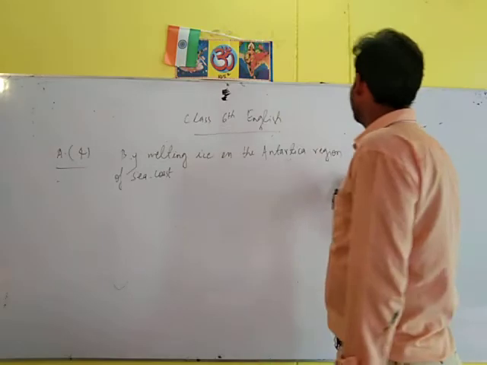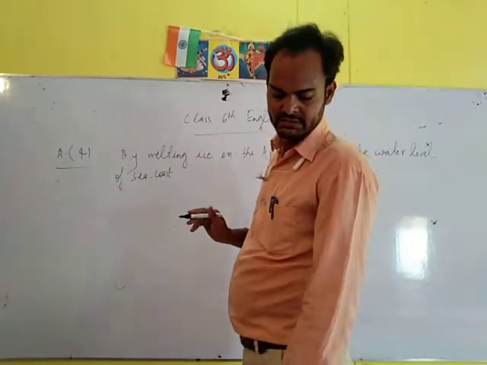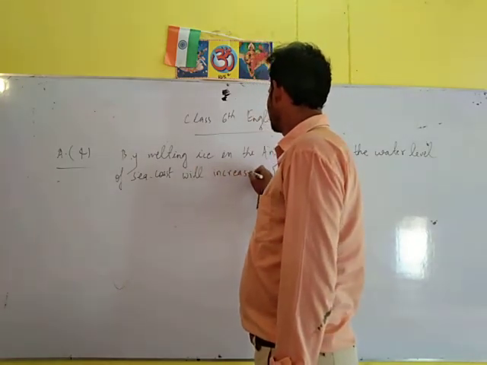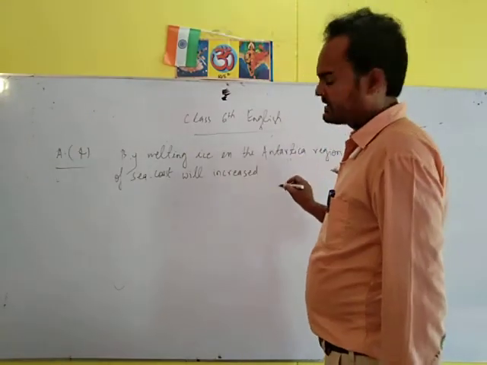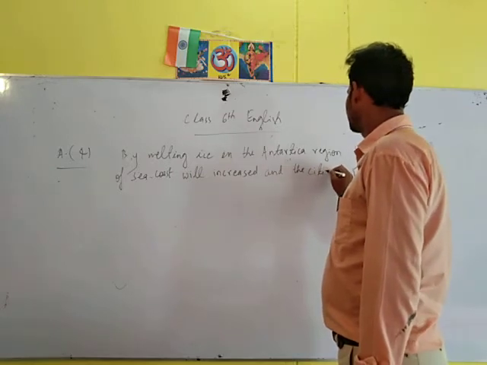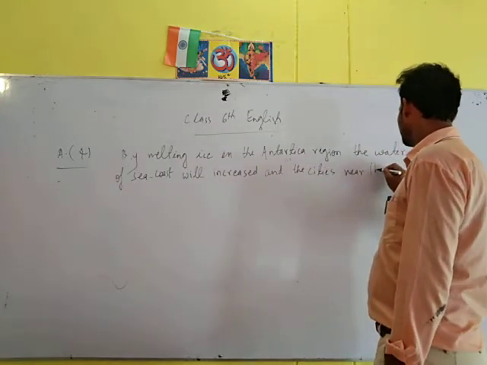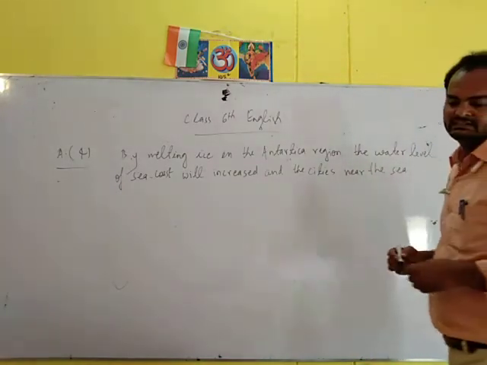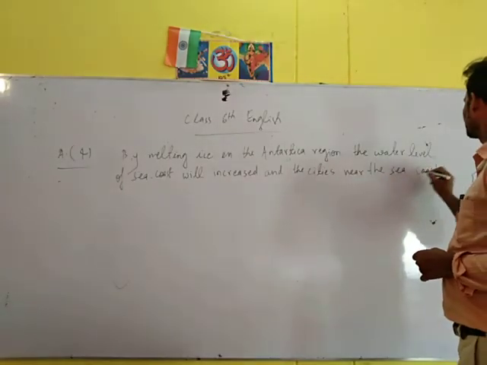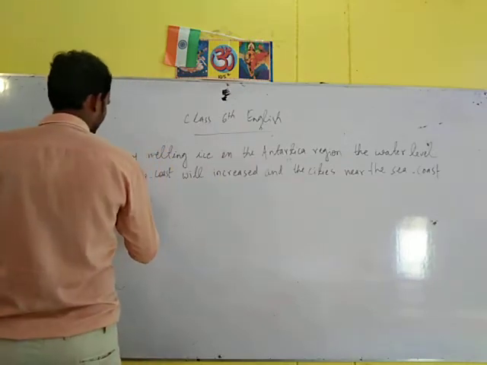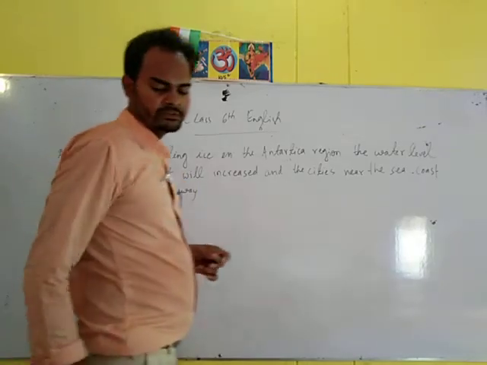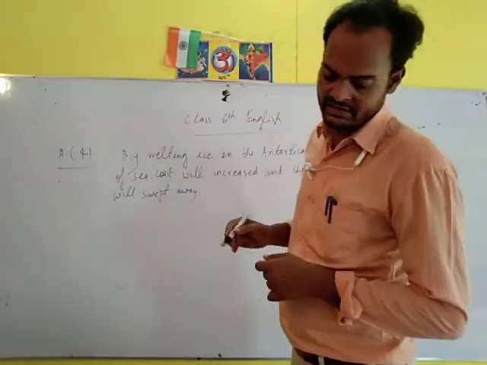So by melting ice in the Antarctica region, the water level of the sea coast will increase, and the cities near the sea coast will be swept away.